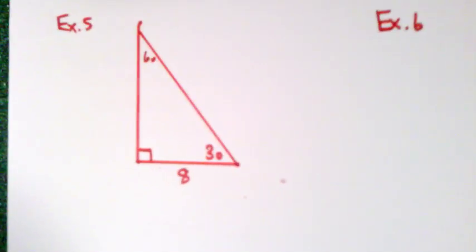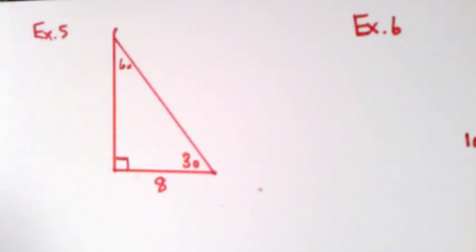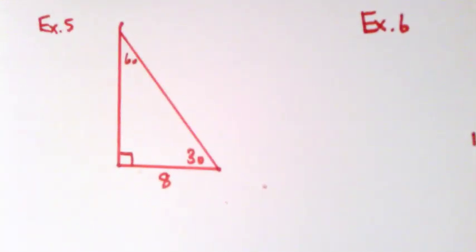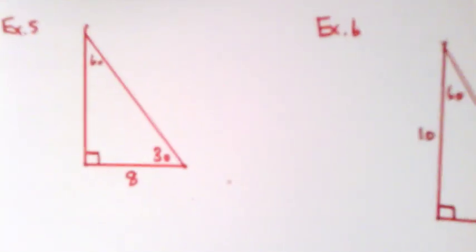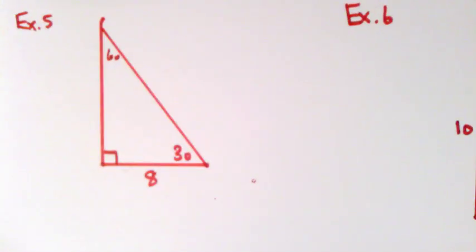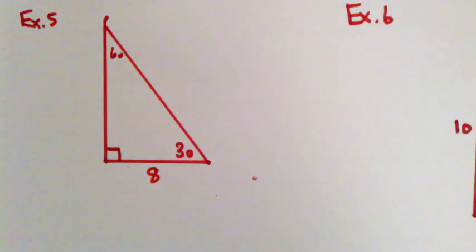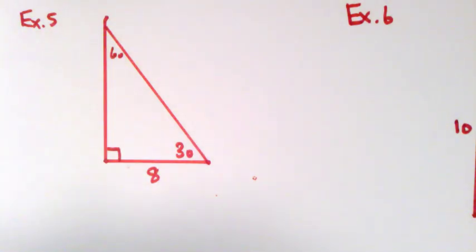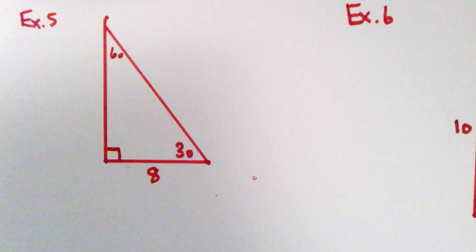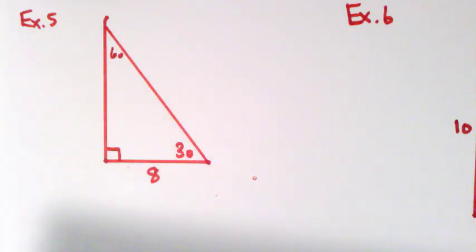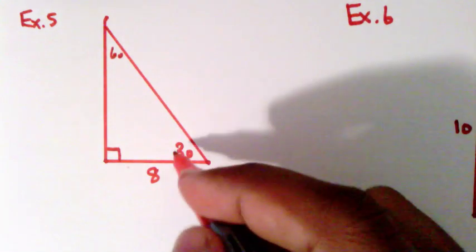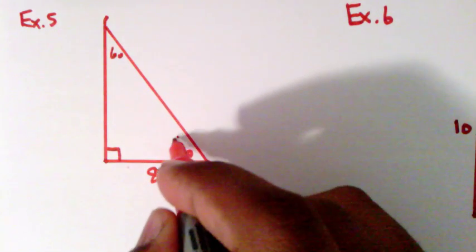Alright, so now let's take a look at example 5. This works a little differently, and it's usually the one that most of us get a little bit confused on, but I'm going to try to make it as easy as possible. If you take a look at your special right triangle formula, what am I looking at? Well, my 30-degree angle is down here, right?